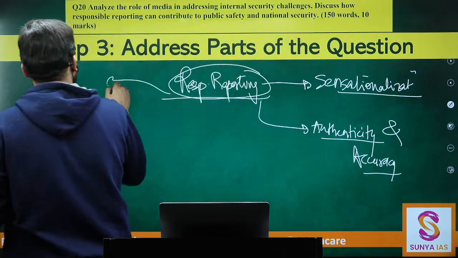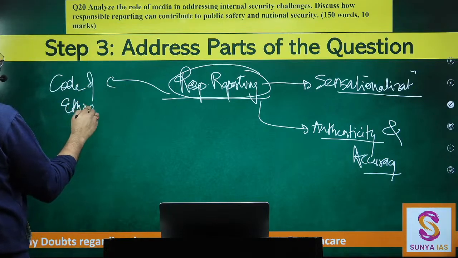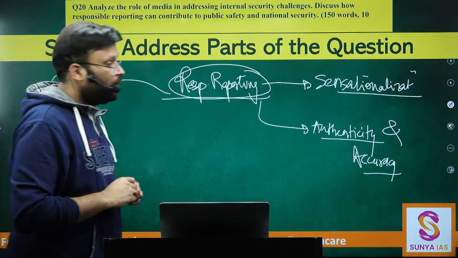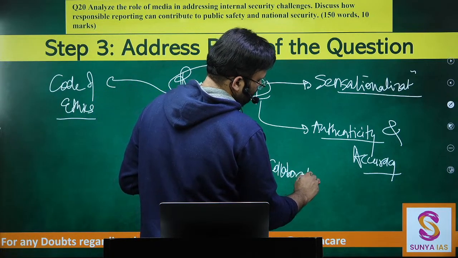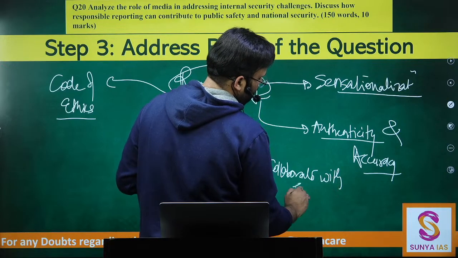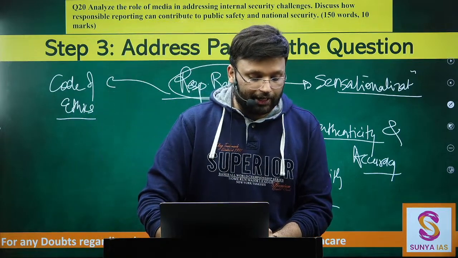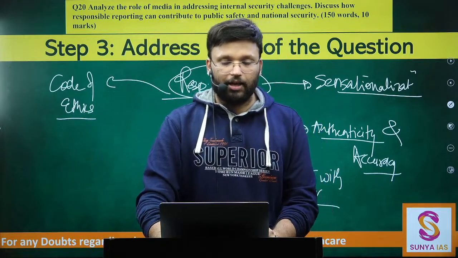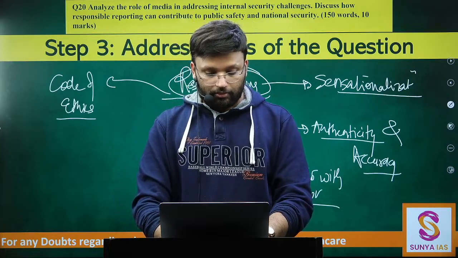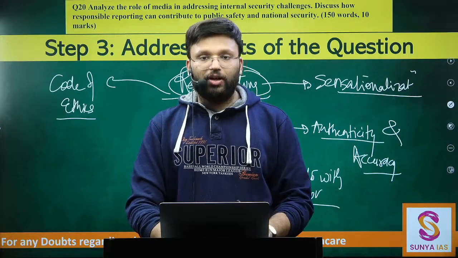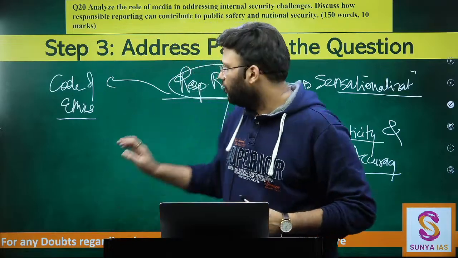Then how the media organizations should follow the code of ethics for media, right? How they should collaborate with government when it comes to different issues related to the internal security, है ना. सो थोड़े से आपको अपने आप ही पिलर समझाने पड़ेंगे, from where you will establish that what are the different kind of pillars of responsible media.